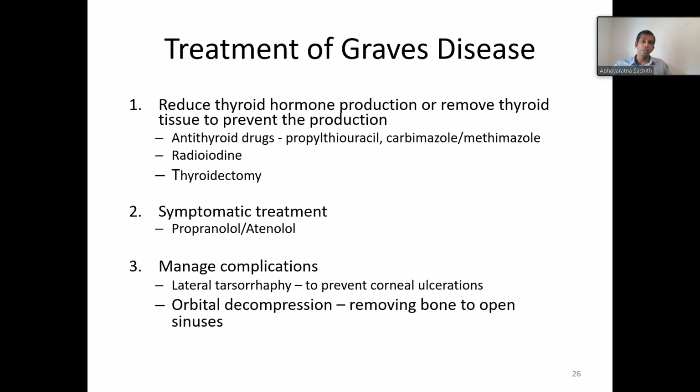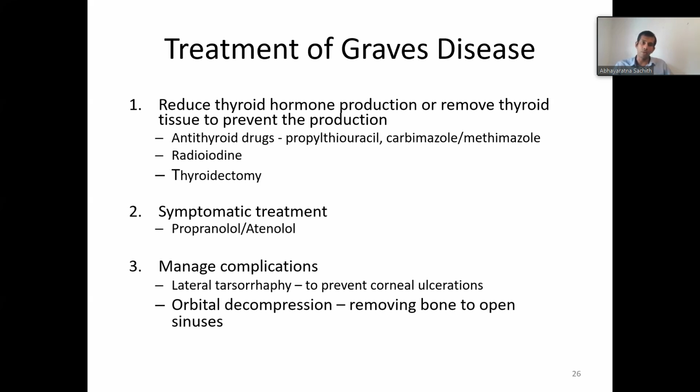Right. So coming to the thyroid hormone production, you can use anti-thyroid drugs, radioactive iodine, and thyroidectomy. Those are the three main options available. For symptomatic treatment, I told you that cardiovascular effects will be prominent in these patients.